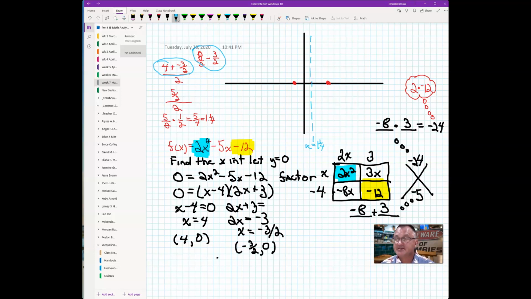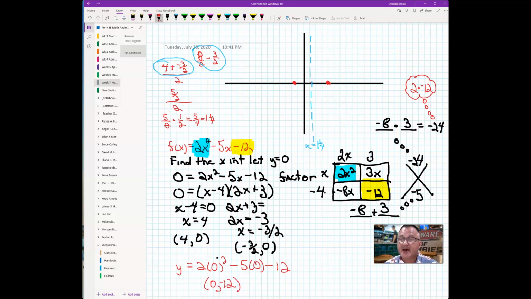Now the y-intercept is real simple. To get the y-intercept, you let x equal 0. So my y-intercept is 2 times 0 squared minus 5 times 0 minus 12, which is simply negative 12. So it's going to cross the y-axis at 0, negative 12.